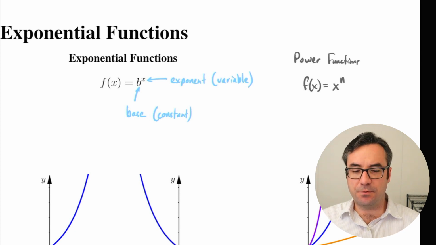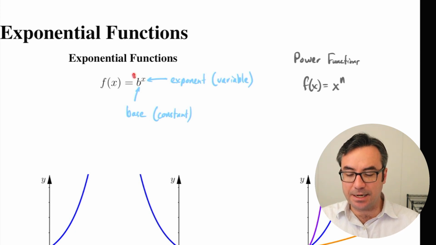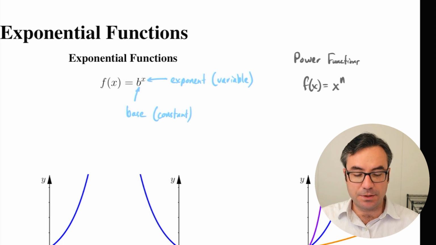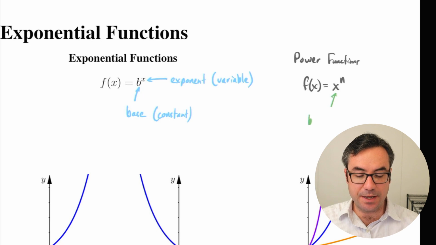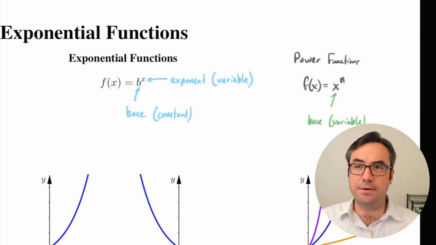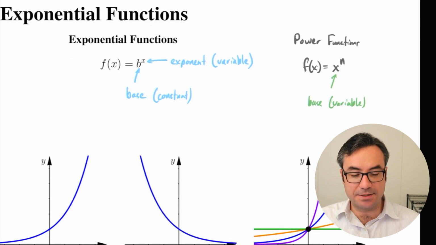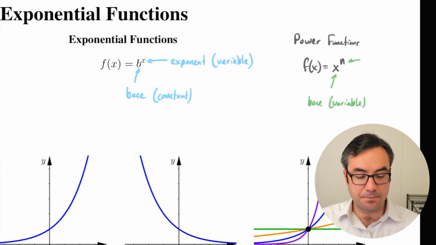For a power function, the base term is variable. That's where the x is. And the exponent is a constant, maybe call it n here.